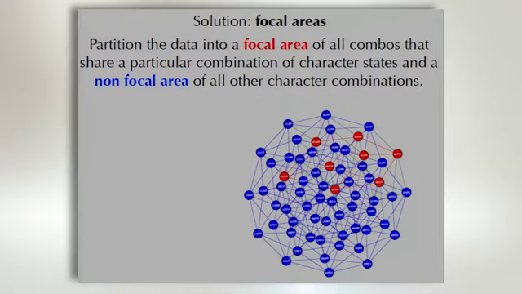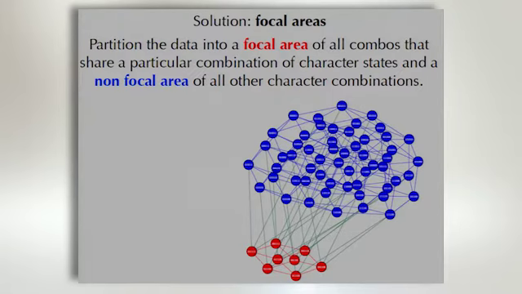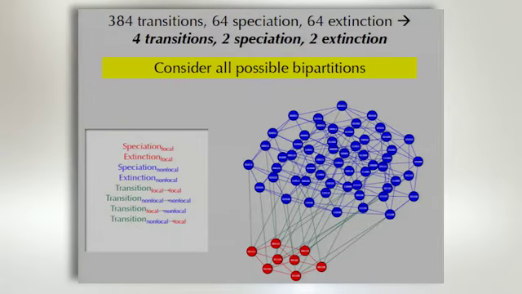So those comprise the focal area, and everybody else gets called non-focal. And you can sort of pull that out to see that now we have sort of 2 areas in this complicated trait space. And now we can calculate 4 transitions, 2 speciation, and 2 extinction rates using this focal area approach. But it's not just one bipartition, so we used all possible ways that you can bipartition this data set into focal and non-focal areas.